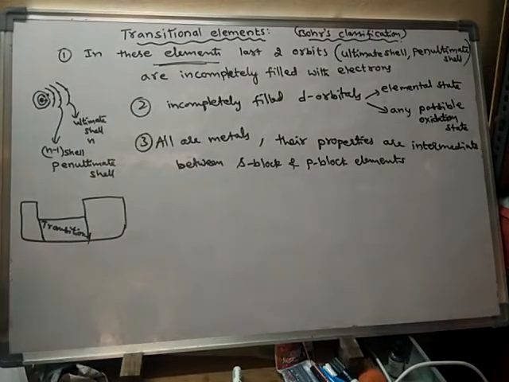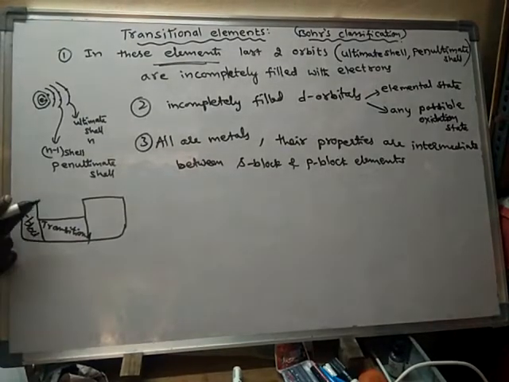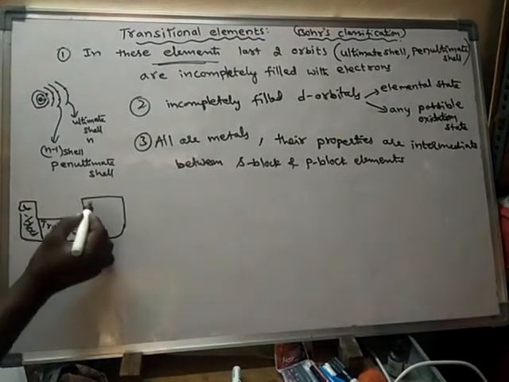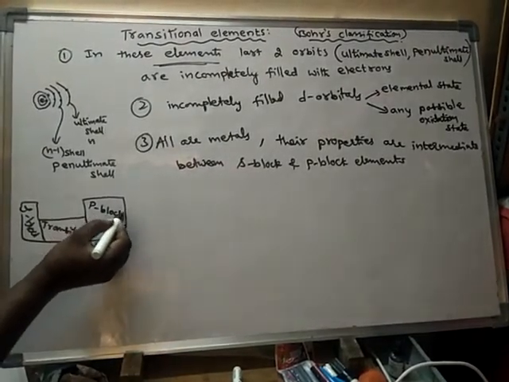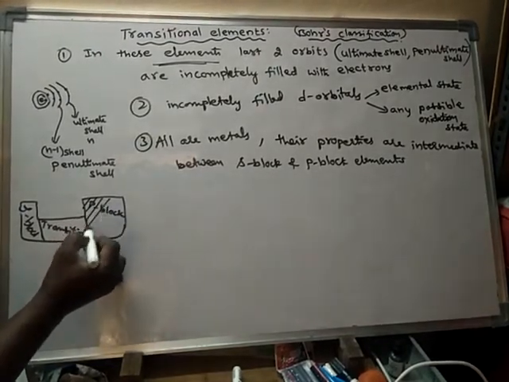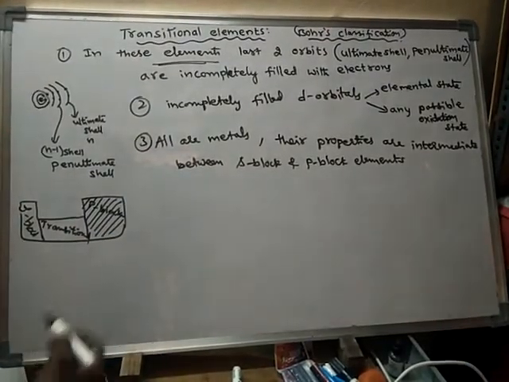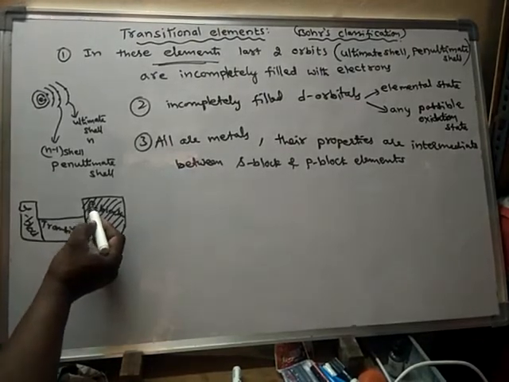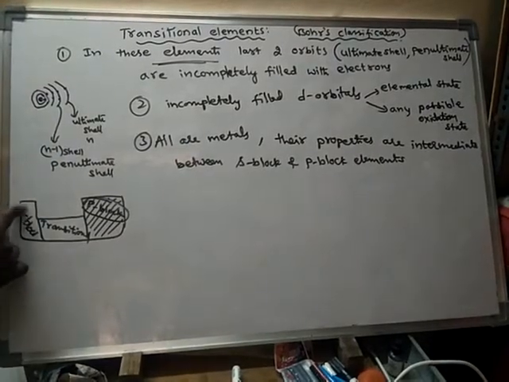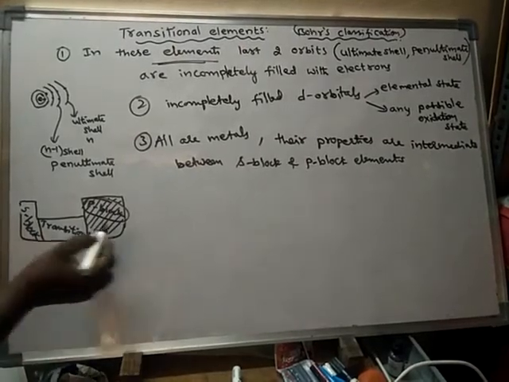These are said to be s block elements, and these are said to be p block elements. All the p block elements are present here, including inert gases also. Even inert gases are called p block elements.